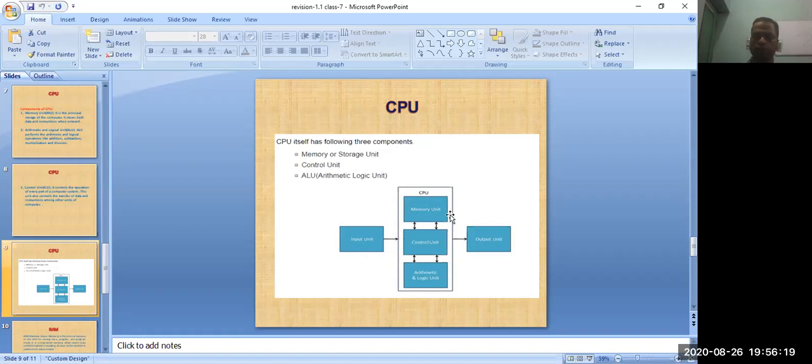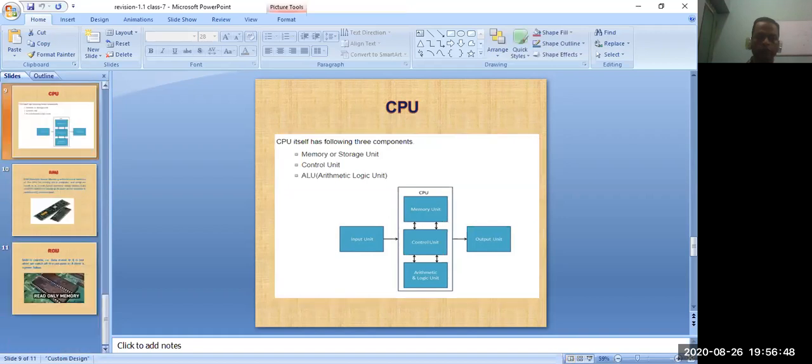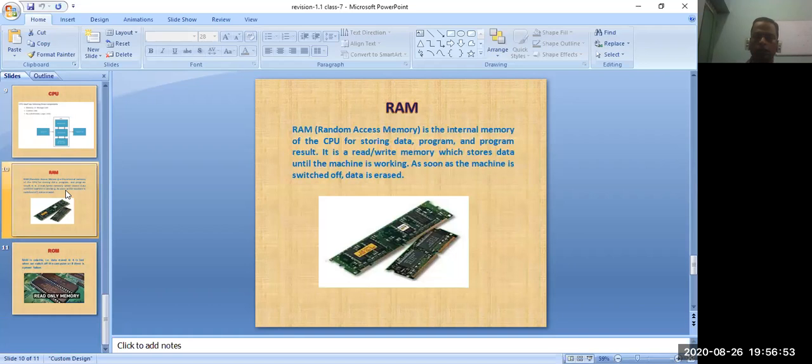The memory unit, control unit, and arithmetic and logical unit are all components involved in the processing, and we get the result here. I hope all of you are able to understand the work of the CPU.